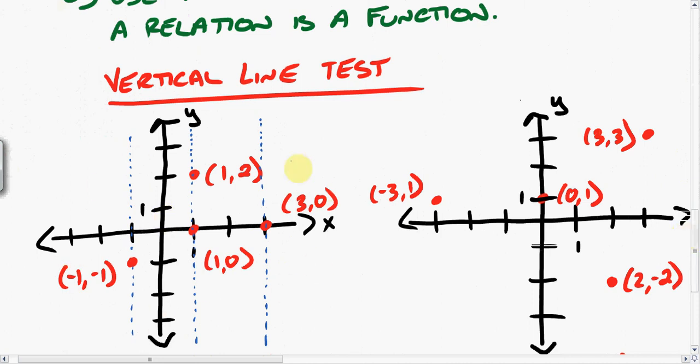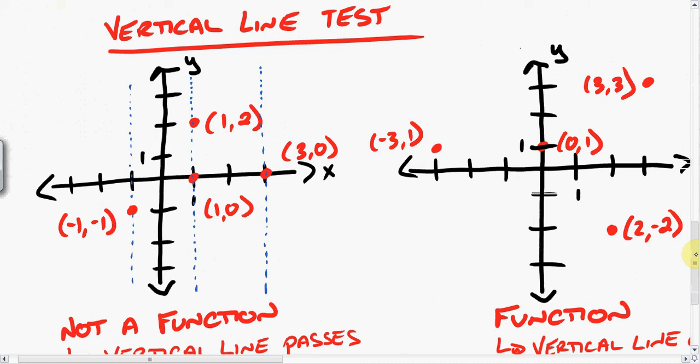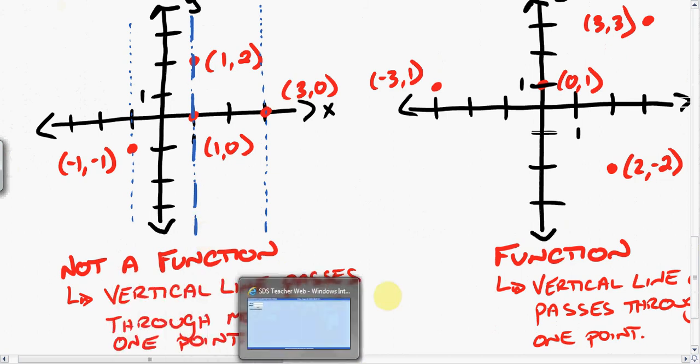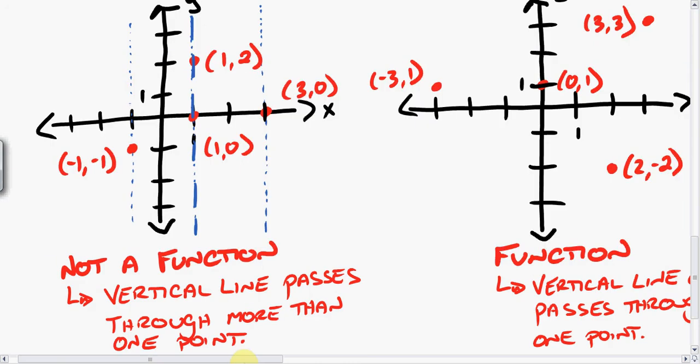We're looking just at the first one right now. I will tell you that this does not represent a function, and the reason is this vertical line right here that I will make a little darker. That vertical line passes through more than one point. It passes through 1, comma 2 and 1, comma 0, so it's not a function.